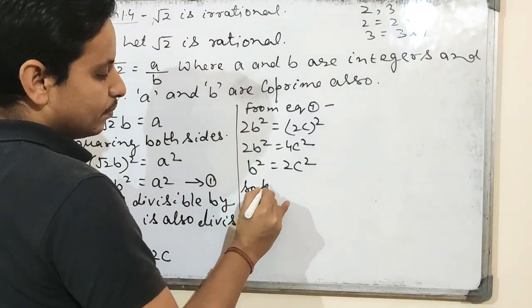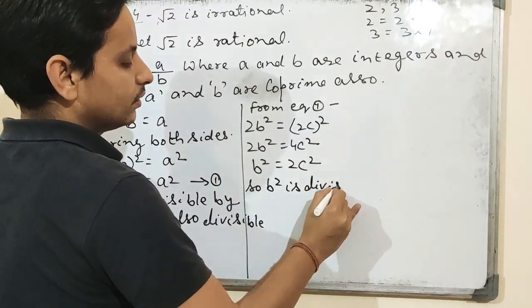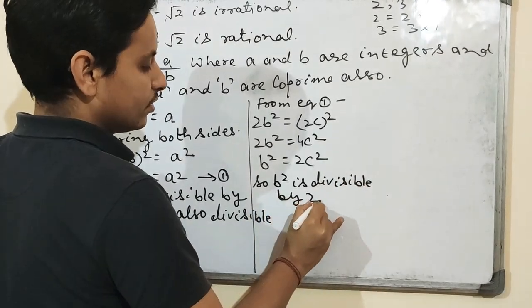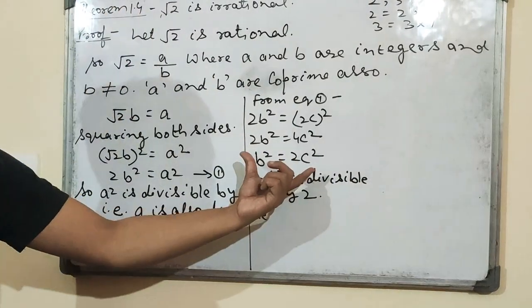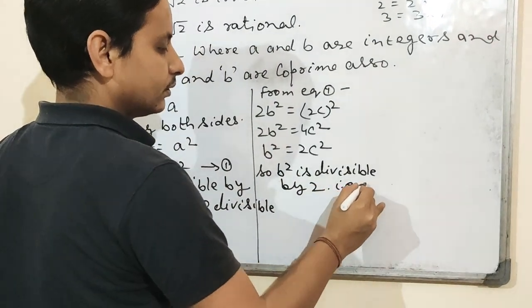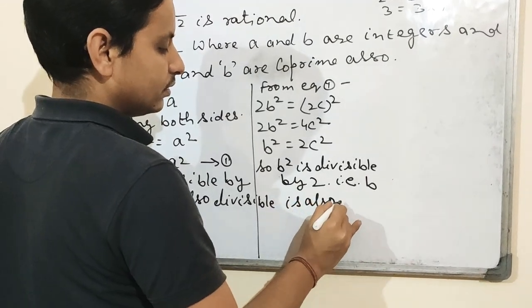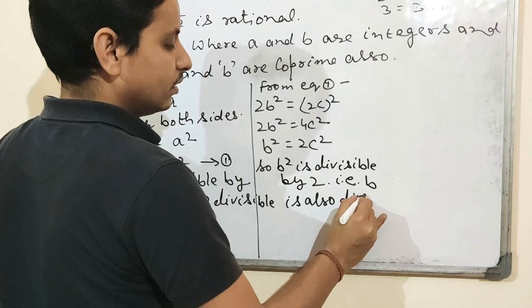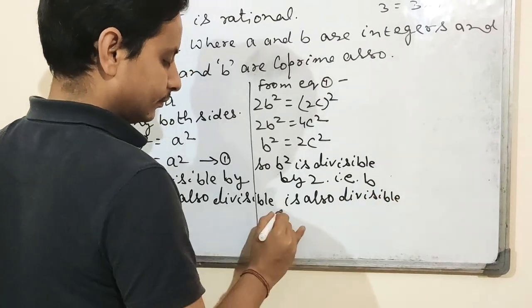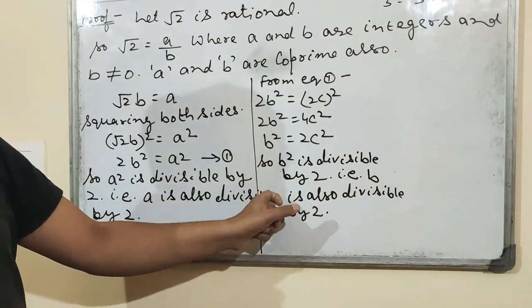So b square is divisible by 2. Therefore, b is also divisible by 2.